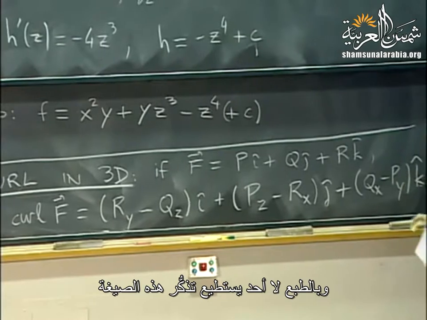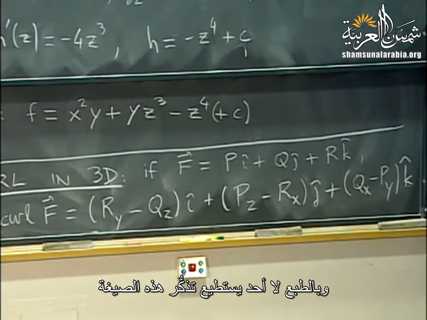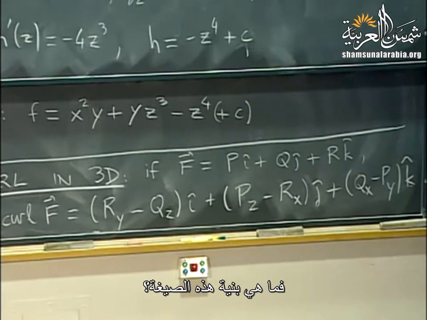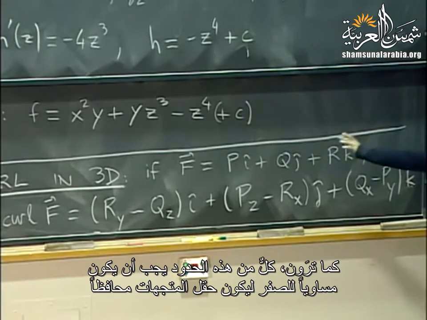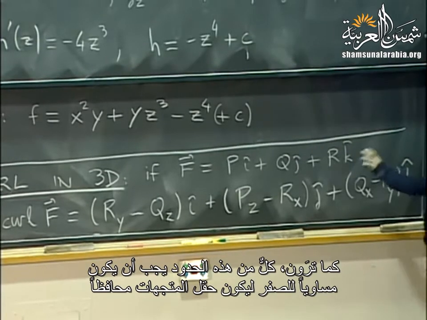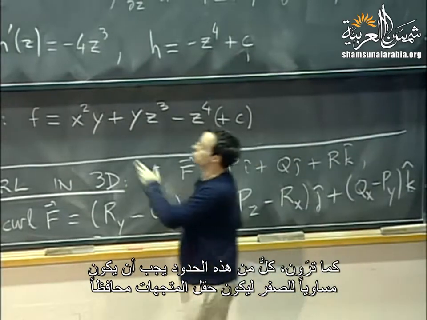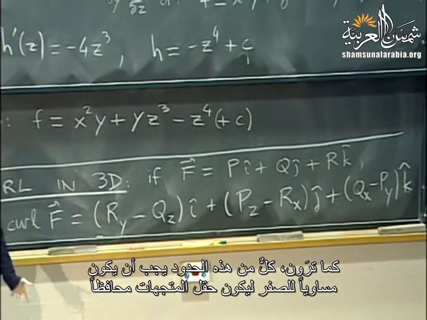And now, of course, nobody can remember this formula. So what's the structure of this formula? Well, you see, each of these guys is one of the things that have to be 0 for our field to be conservative.